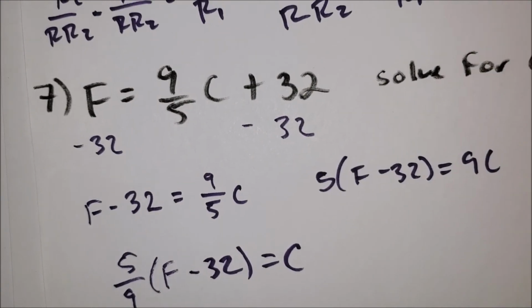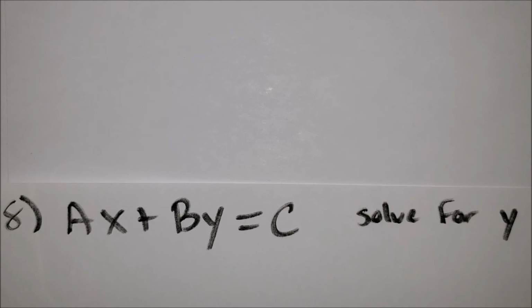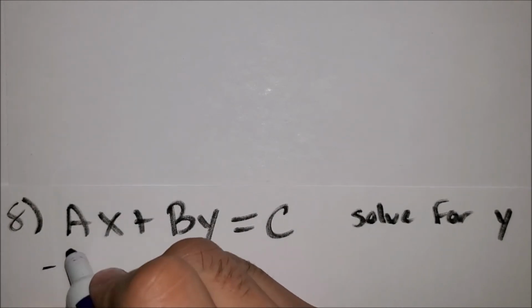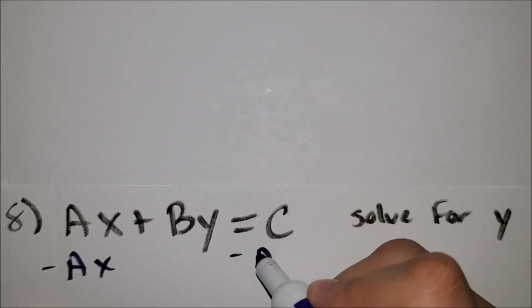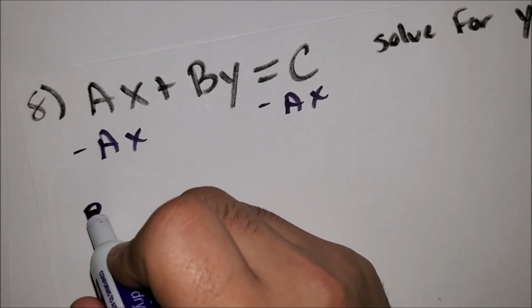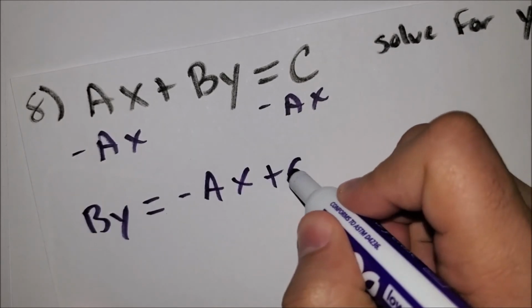So let's look at our last formula. So our last formula is going to be this. ax plus by equals c, and we're going to solve for y. So the first step is to subtract ax from both sides. And when you do this, we're going to get by equals negative ax plus c.